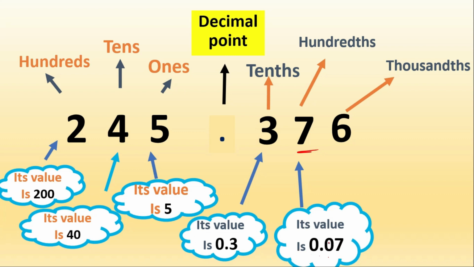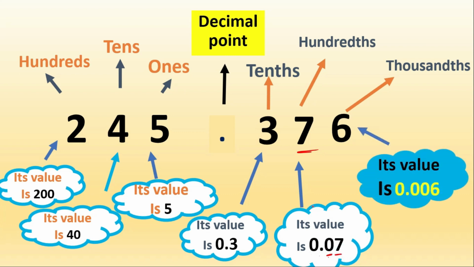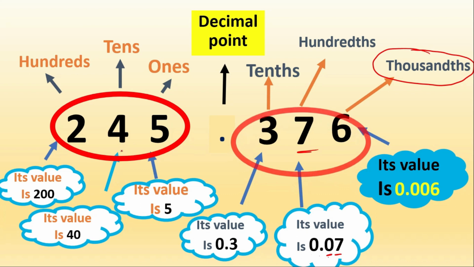It is the second digit after the point. Okay, the last digit is thousandths, which we studied today, written as 0.006. Got it? That's the value of each digit. Now you have to find the difference between the whole part and the decimal part.